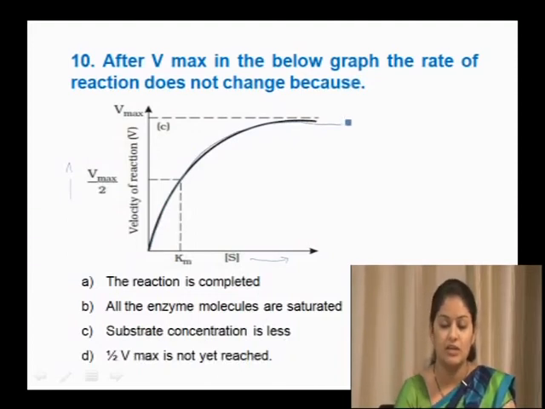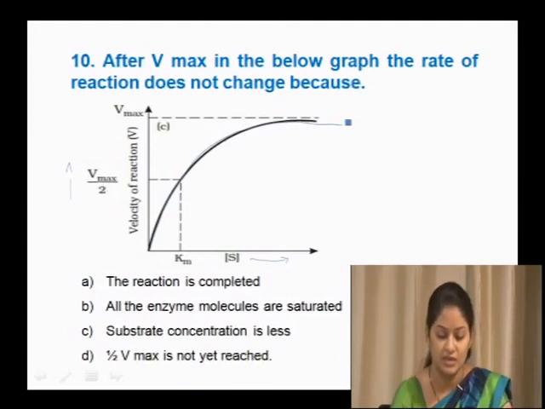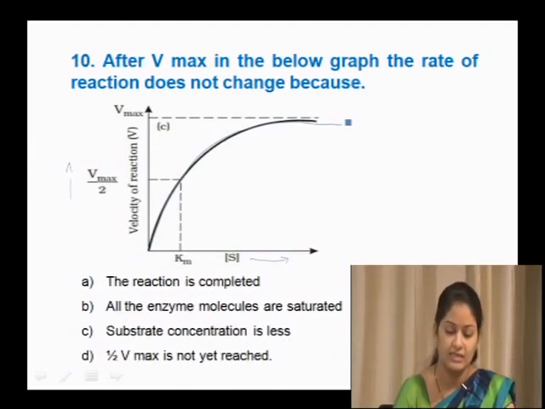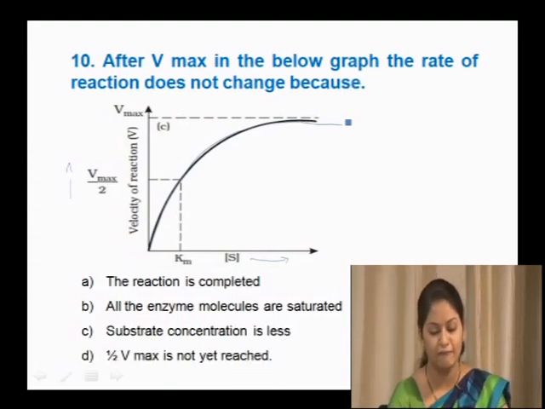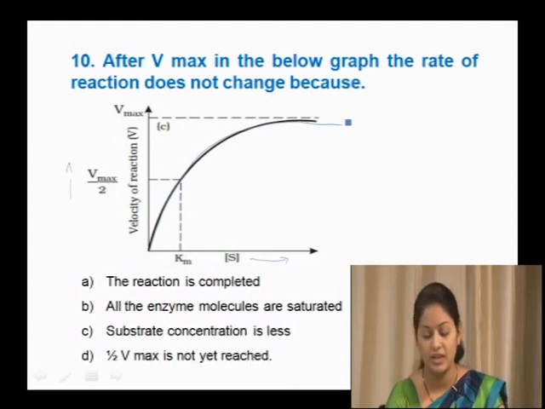So this particular graph is indicating the options: A, the reaction is completed, or B, all the enzyme molecules are saturated, C, substrate concentration is less, or D, half Vmax is not yet reached.